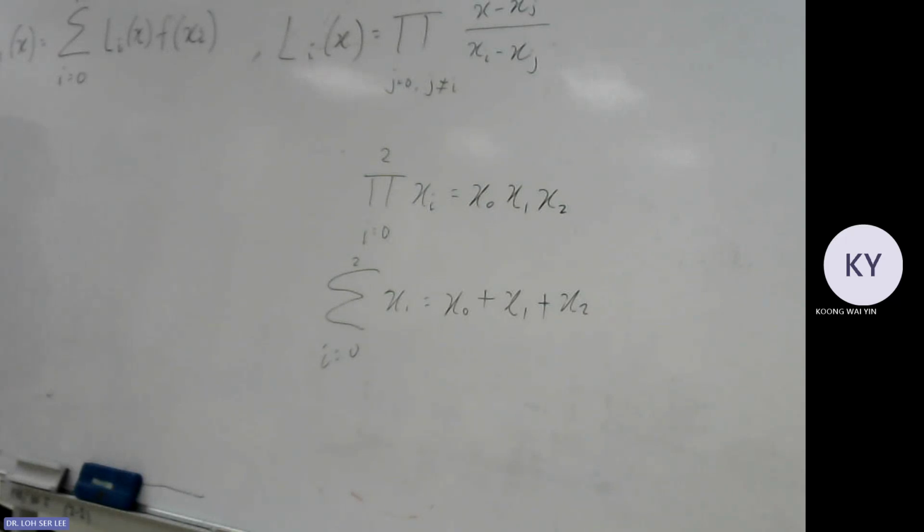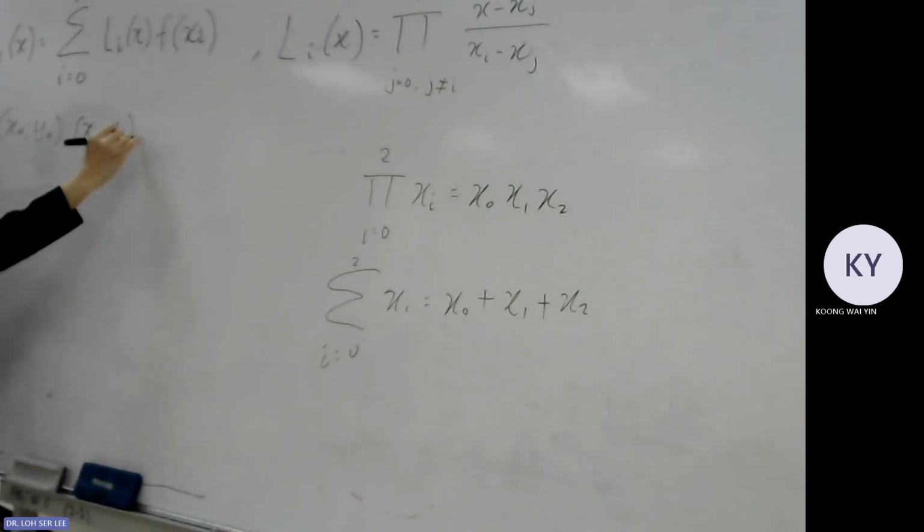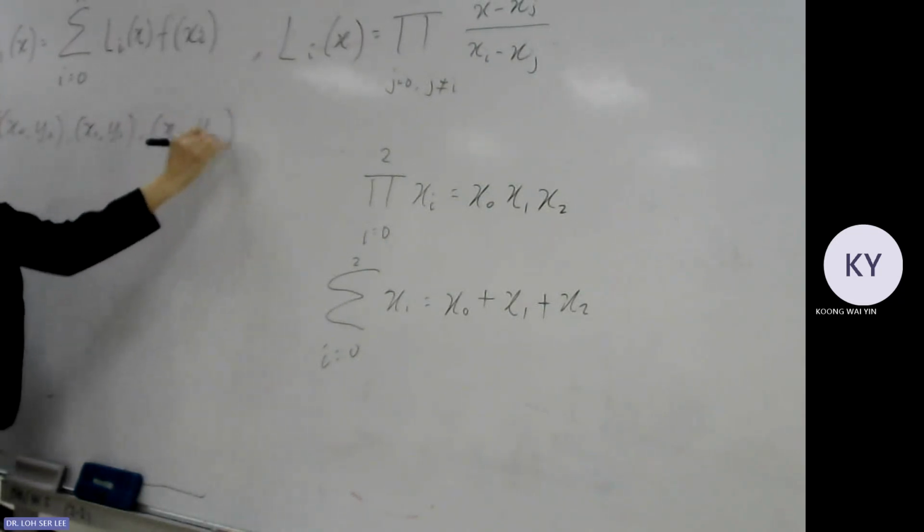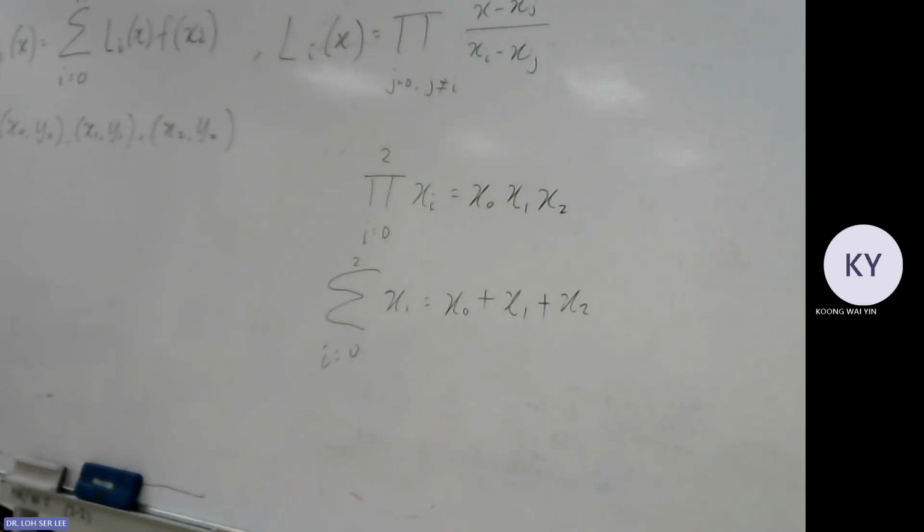I start with a quadratic. For a quadratic problem, we have x0, y0, x1, y1, x2, y2. To form a quadratic polynomial function, we need 3 points. And this i means i is 0, 1, up to 2, the index values. Here our i starts from 0 up to n, that means your n is 2.